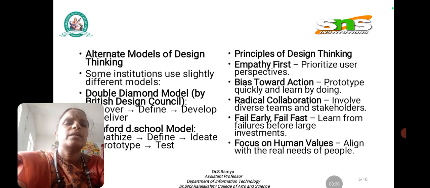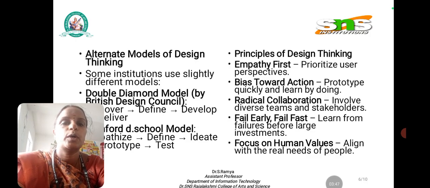Next, the principles of design thinking. Empathy first: prioritize the user's perspective. Prototype quickly and learn by doing. Radical collaboration involves diverse teams and stakeholders, where we can gather information from the stakeholders and, based upon that, improve the collaboration within the team itself.